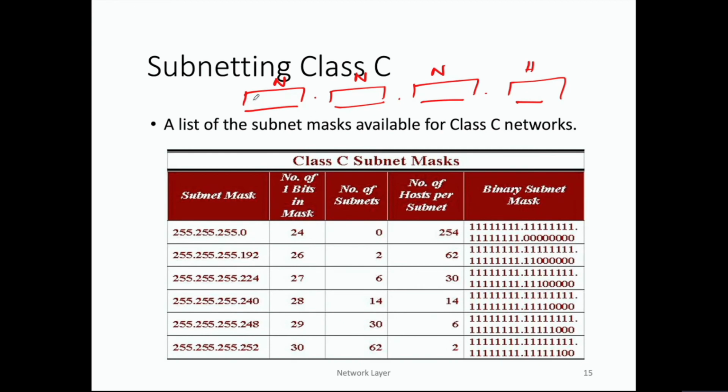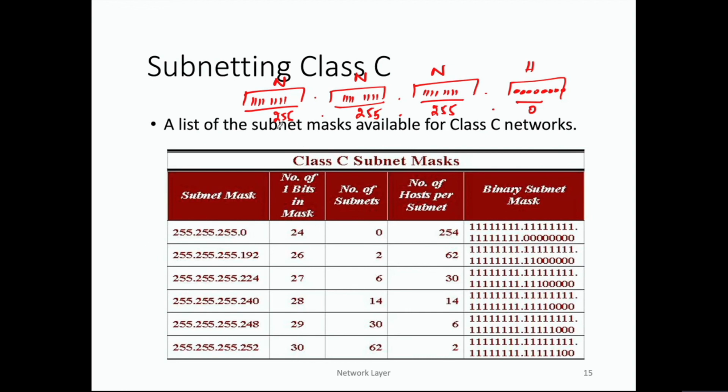As a first step, I'll turn all the bits in the network part 1, and all the bits in the host portion 0. So what will the value be? We know that its value is 255.255.255.0, right? This is the default subnet mask of class C.